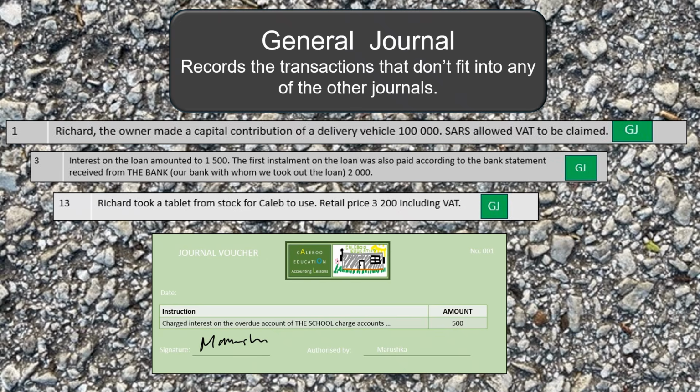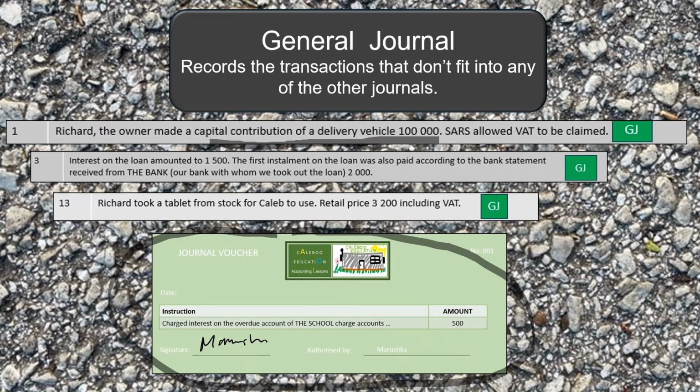Lastly, the general journal. Any transaction that does not fit into any of the other journals gets recorded in the general journal. The document that is drawn up is an internal document called the journal voucher. So the journal voucher is an original. If the owner makes a capital contribution of a delivery vehicle, it goes through the general journal.